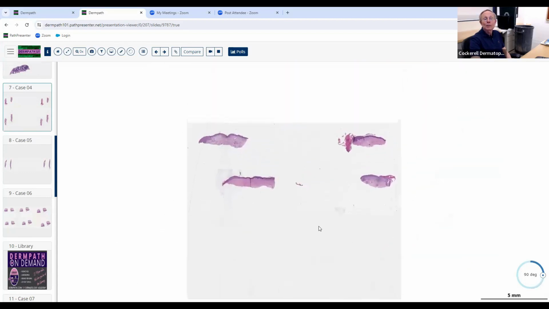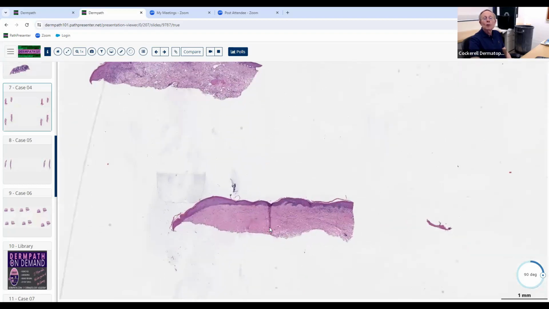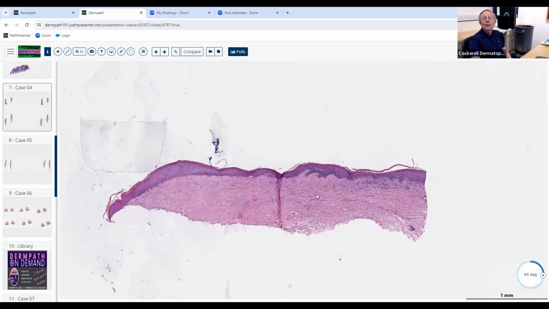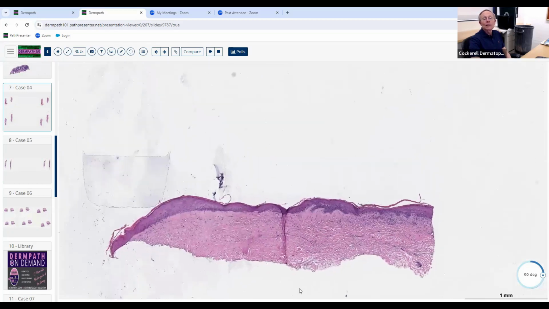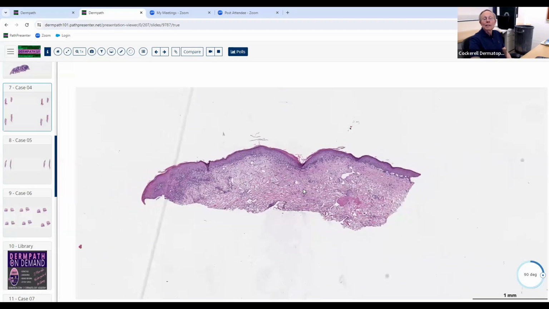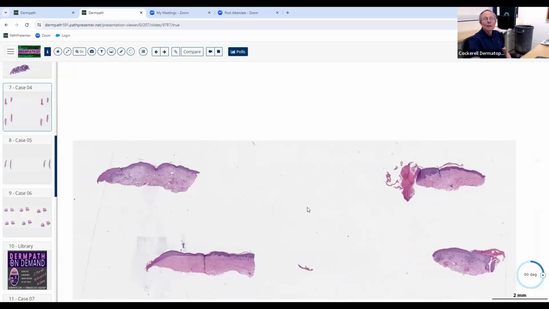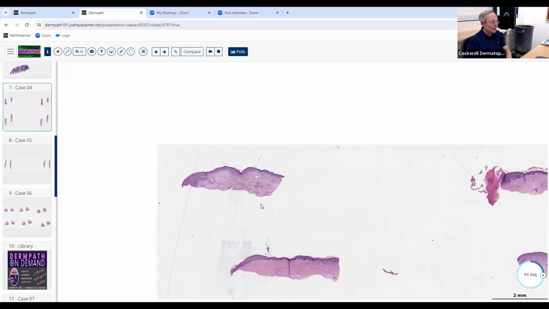Small shave biopsy. Sometimes, unfortunately, we have to show you biopsies like this because it's a rare disease or an unusual condition and the clinician hasn't taken an optimal biopsy, but we want to teach you the findings you're supposed to see anyway.